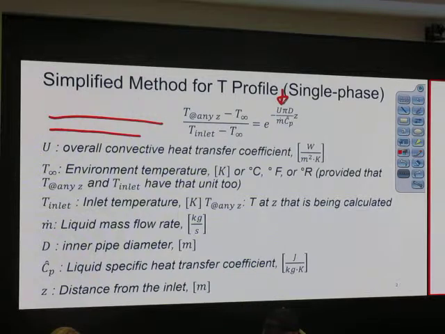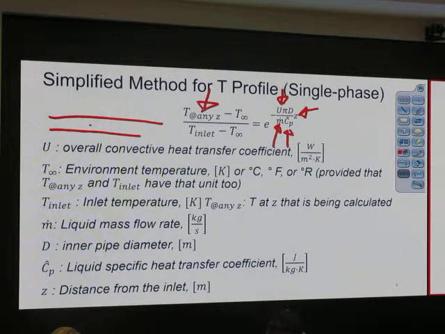Once we have the U value, we know the mass flow rate of liquid inside the pipe and the specific heat capacity of that oil. Then we substitute the value of Z, the length from the inlet. Then we can calculate the temperature at that location.